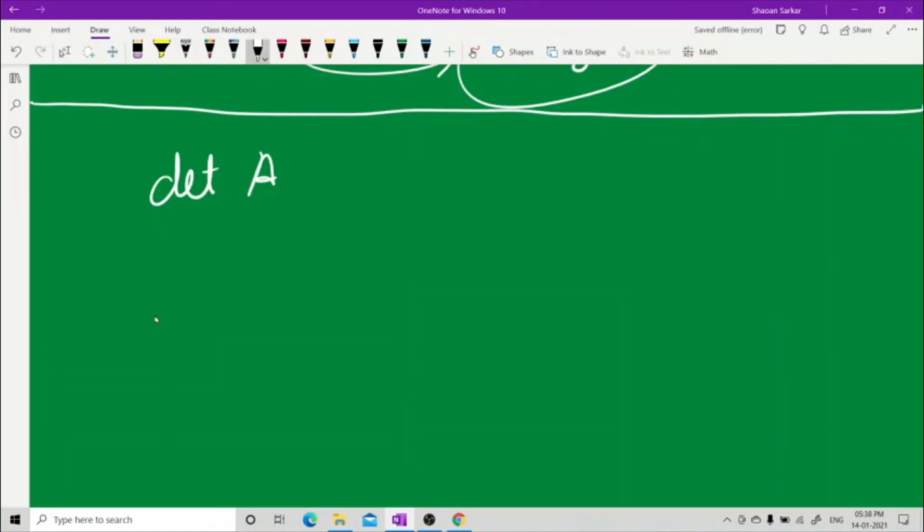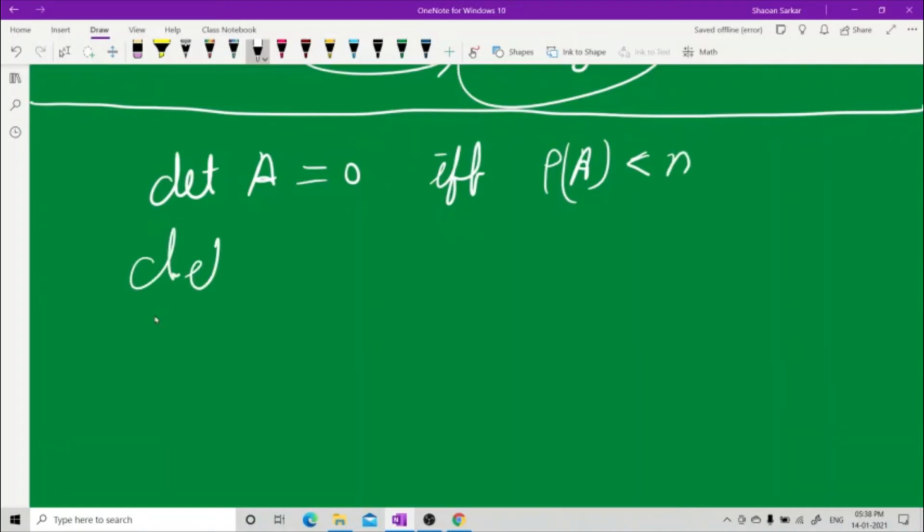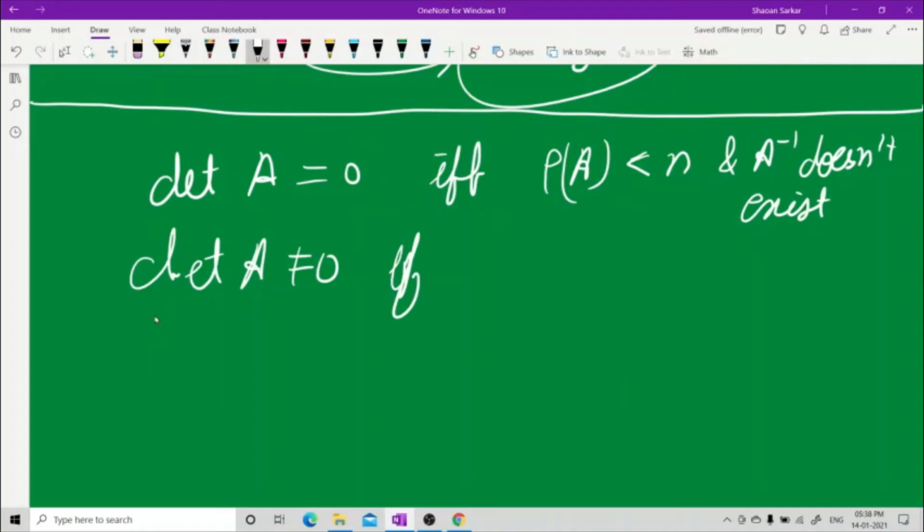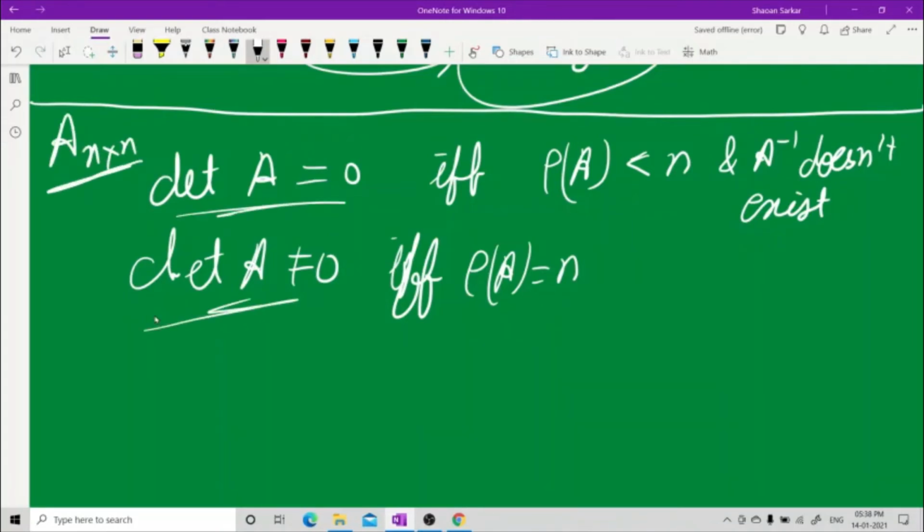Determinant A is 0 if and only if rank of A is less than n, and A inverse does not exist. And determinant of A is not 0 if and only if rank of A is exactly n, where A is an n cross n square matrix, and A inverse exists.